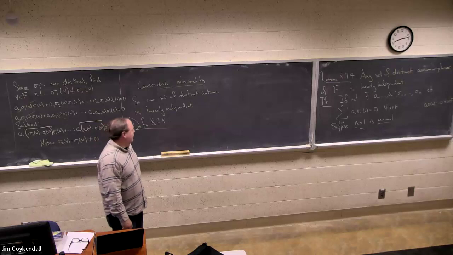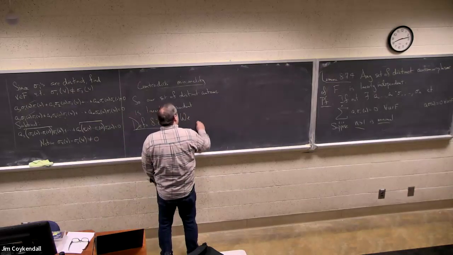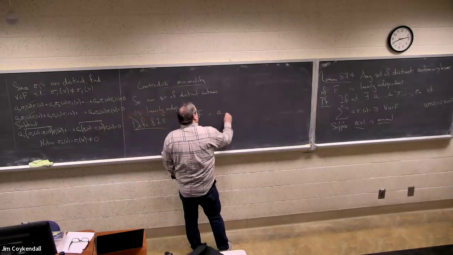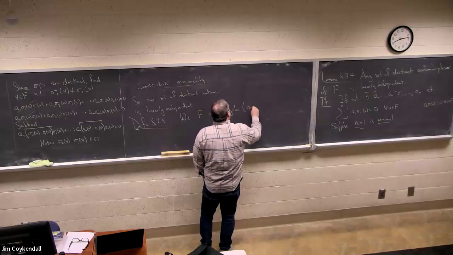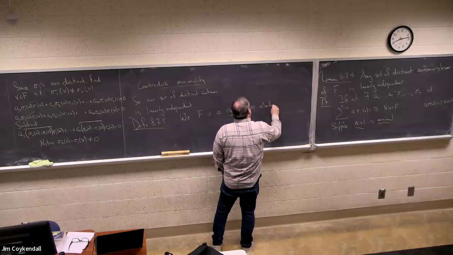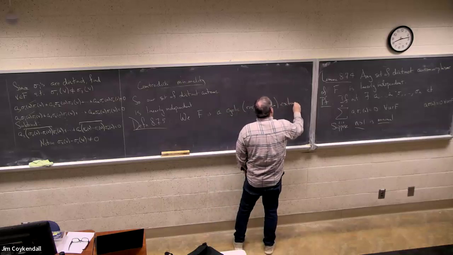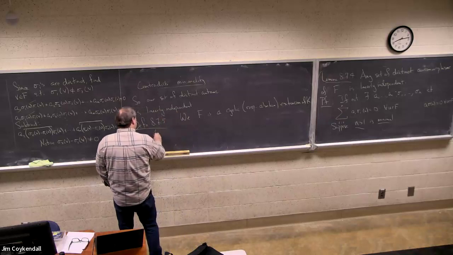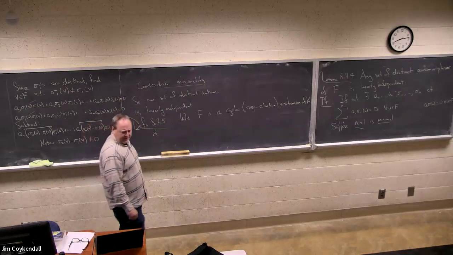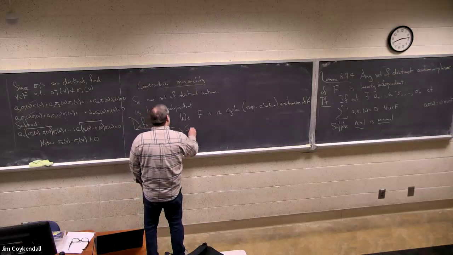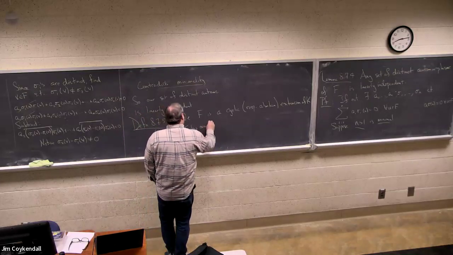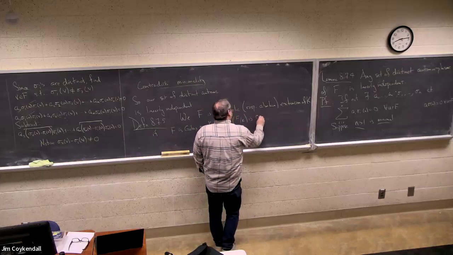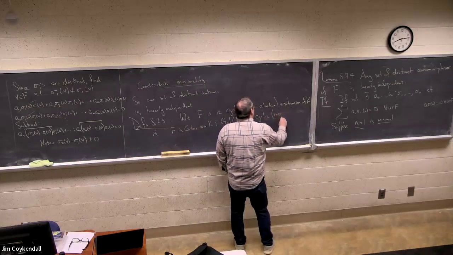We say that F is a cyclic, respectively abelian, extension of K if F is Galois over K, and the Galois group of F over K is cyclic, or respectively abelian.